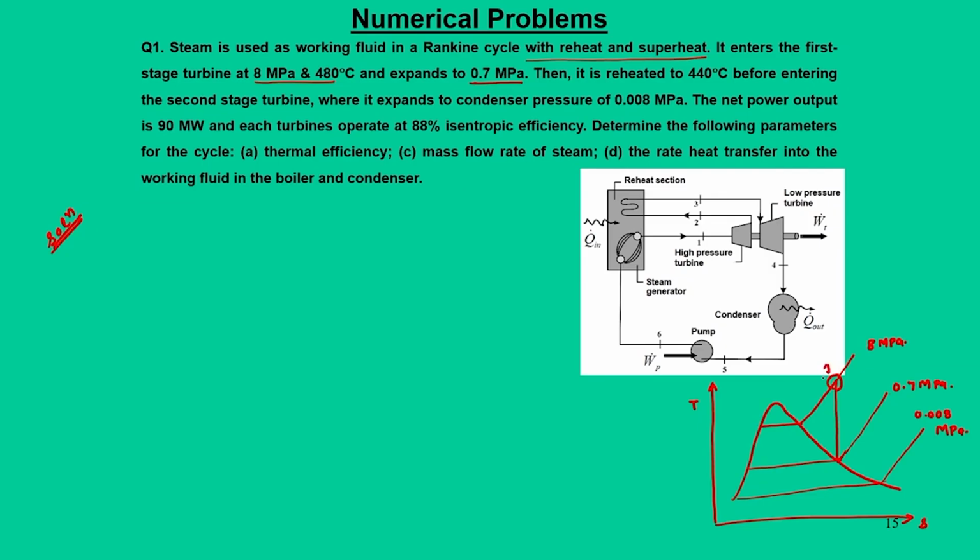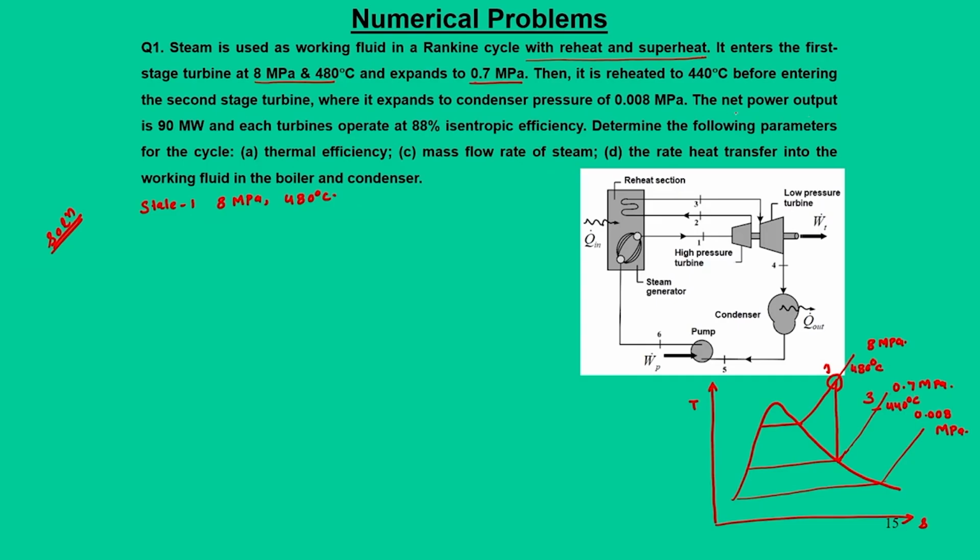So, we are at state 1, which is 8 megapascal, 480 degree centigrade. Then after expanding to 0.7 megapascal, it is reheated to 440 degree centigrade. So, we are somewhere at state 3, which is 440 degree centigrade, and state 1 is 480 degree centigrade.